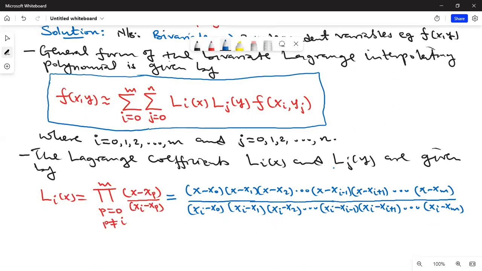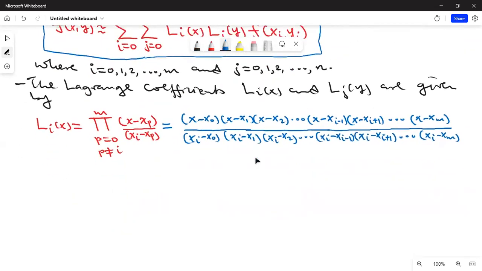The other one is Lj of y, which is now a function of y.